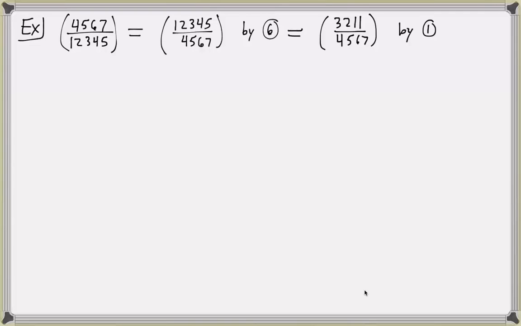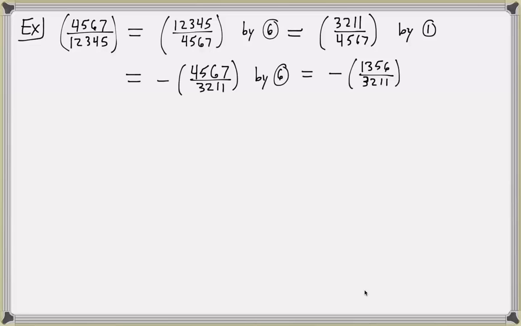Now by the law of quadratic reciprocity, this will equal the negative of 4,567 over 3,211, and reducing using property 1, this is the negative of 1,356 over 3,211, again by property 1.